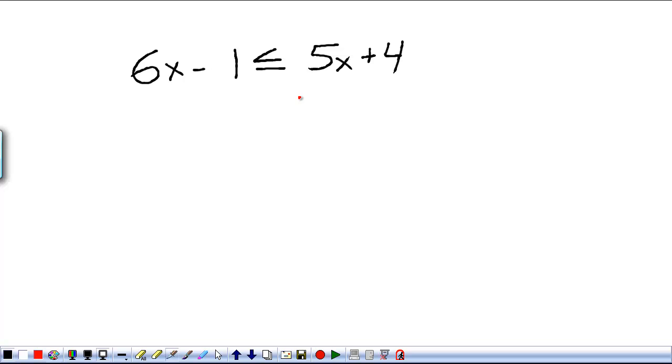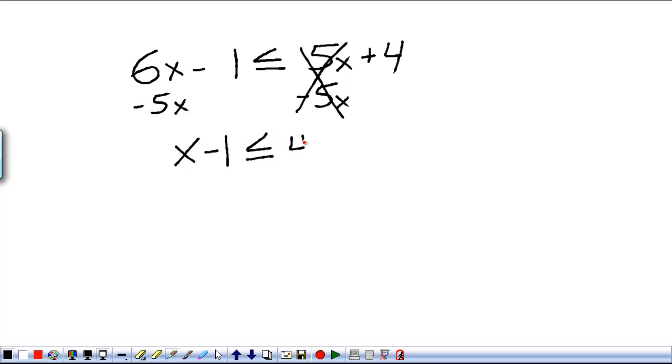We have the x's on both sides, so we want to subtract 5x from both sides. Those x's will cancel out on the right, and 6x minus 5x, if you have 6 x's and you take away 5 x's, you're left with just an x. Minus 1 is less than or equal to 4.